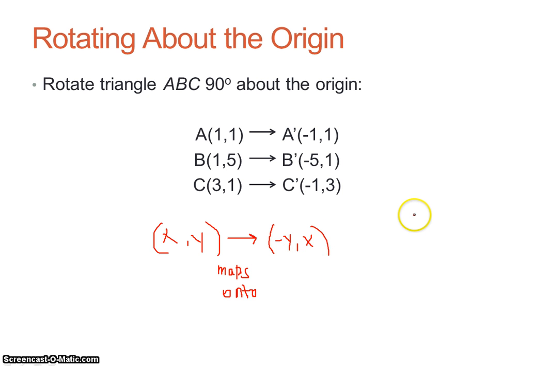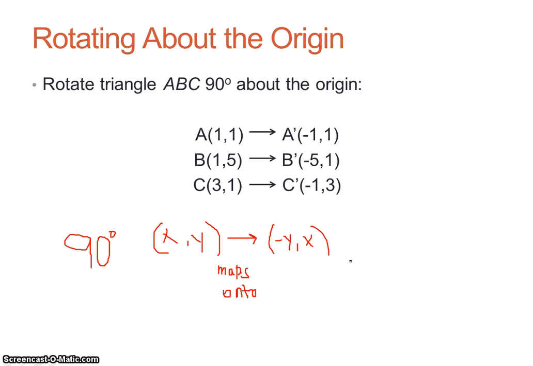This is our rule for rotating about the origin 90 degrees. This is something you need to write down. Make sure you know this rule. So x, y maps onto negative y, x.